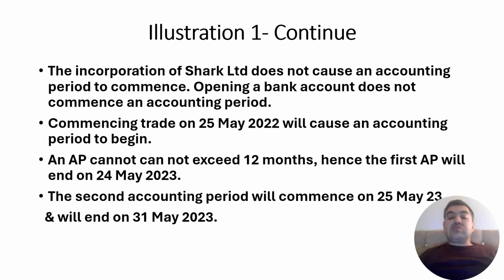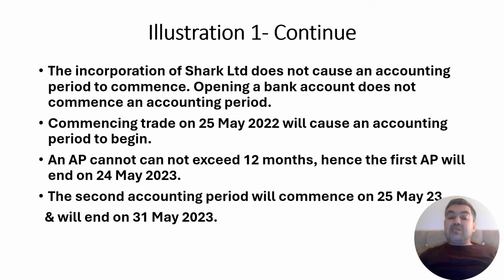Hence the first accounting period will end on 24th of May 2023. The second accounting period will commence on 25th of May 2023 and will end on 31st May 2023, because on Companies House, the accounting period will show that it ends on 31st of May. So you have to break it into the first 12 months and the remaining days.